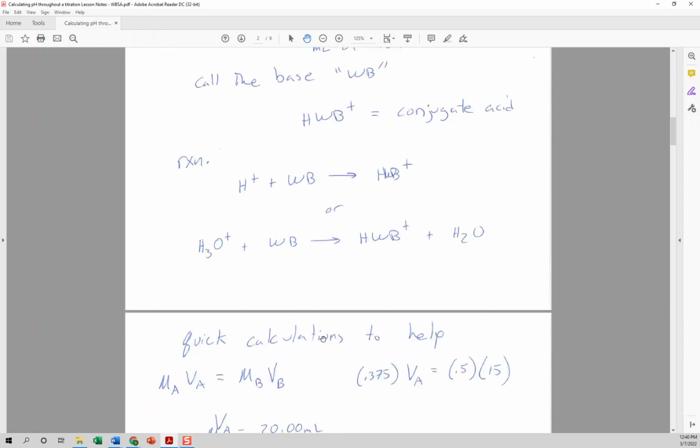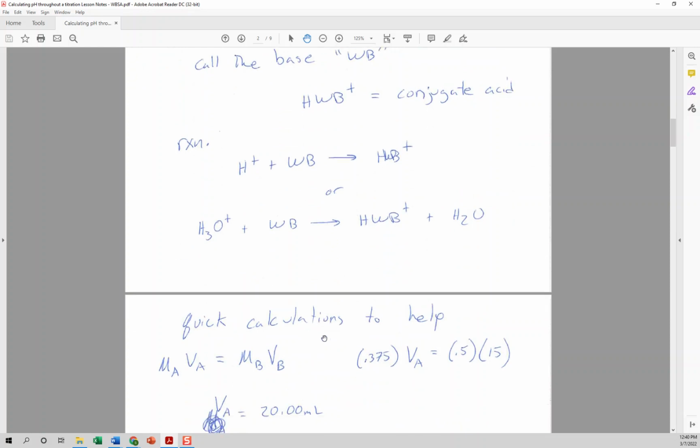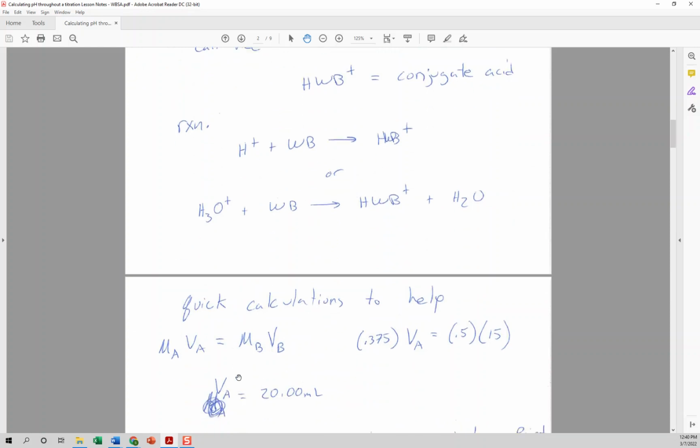Some quick calculations to help us map out this problem: first, let's find the equivalence point. I want to know what volume of HCl is going to be required to reach the equivalence point, and that's when we'll do MAVA equals MBVB. So here's our molarity of acid, our molarity of base, and our initial volume of the base, 15 milliliters and 0.5 moles per liter.